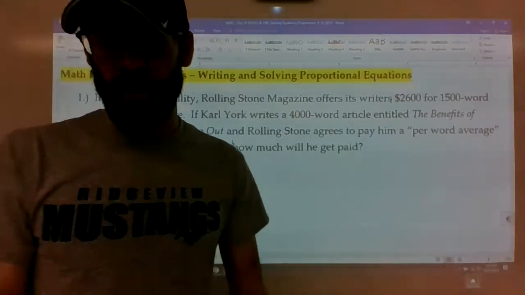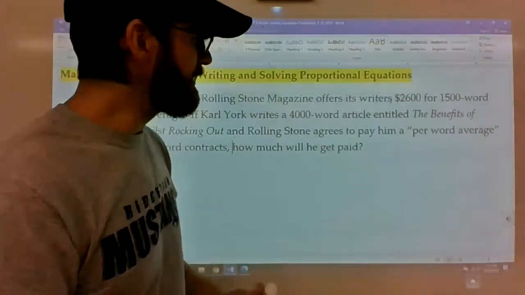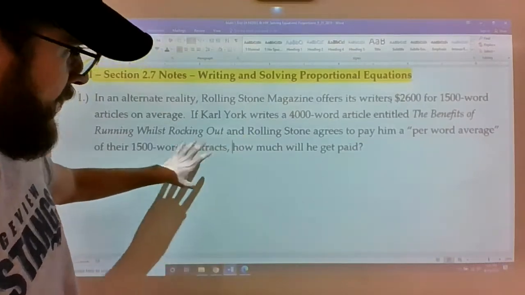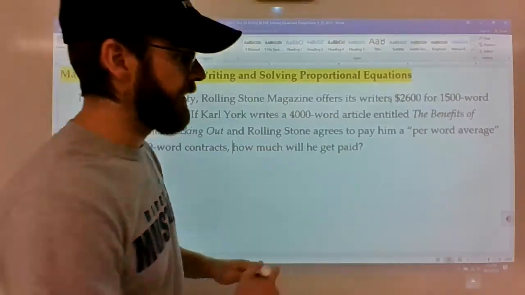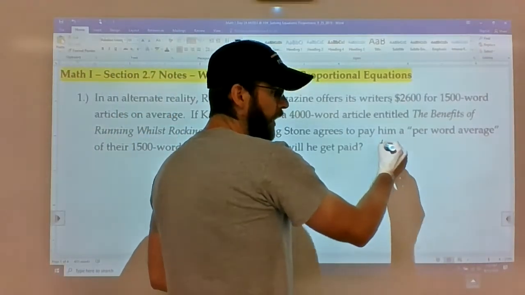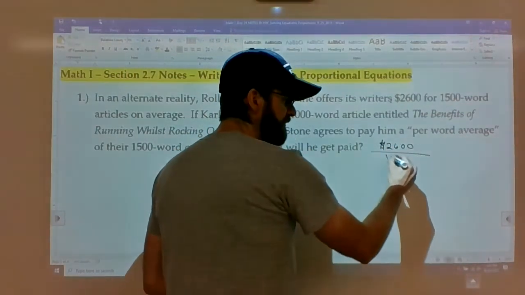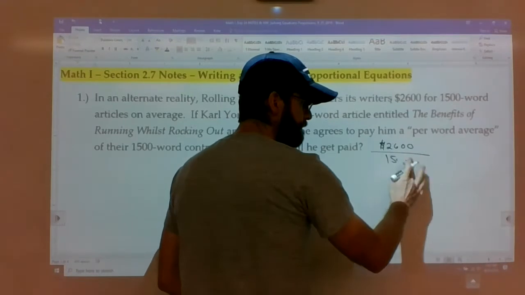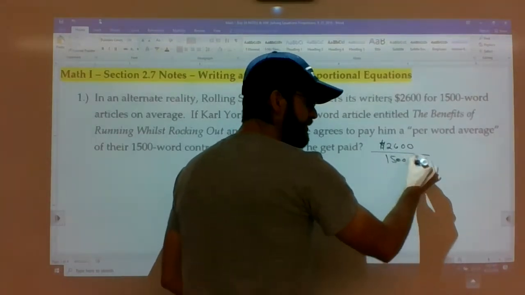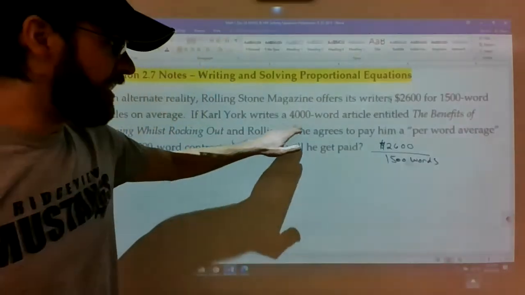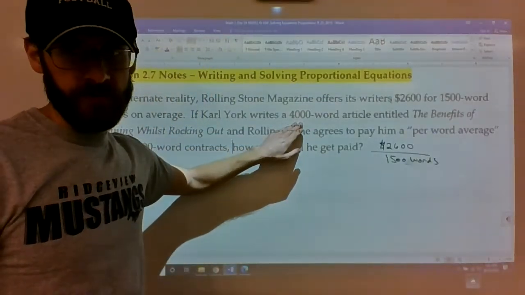So that was kind of a wordy thing, but keep in mind, Rolling Stone is basically saying, we'll give you whatever $2,600 divided by 1,500 words averages out to be, based on 4,000 words.